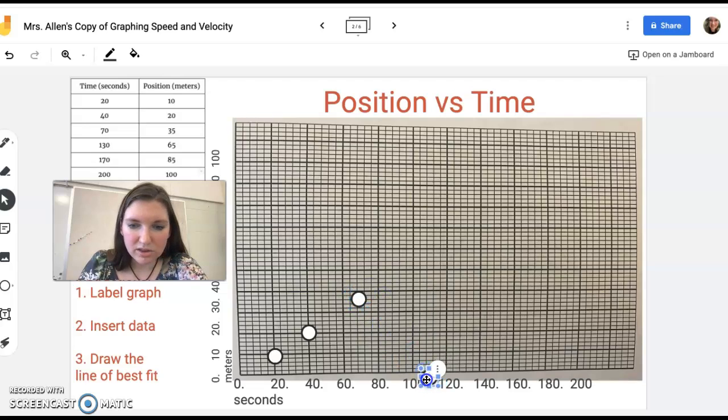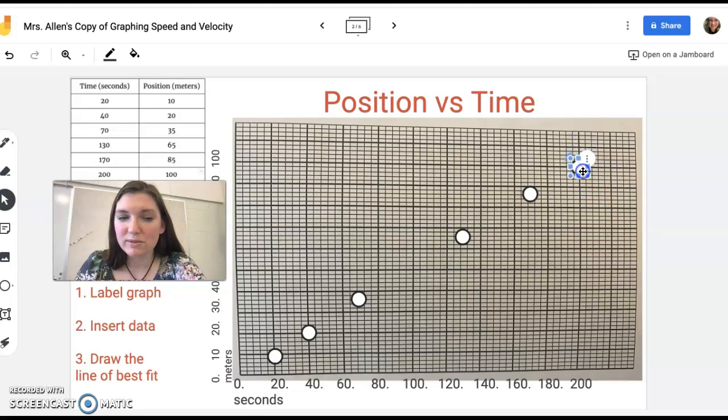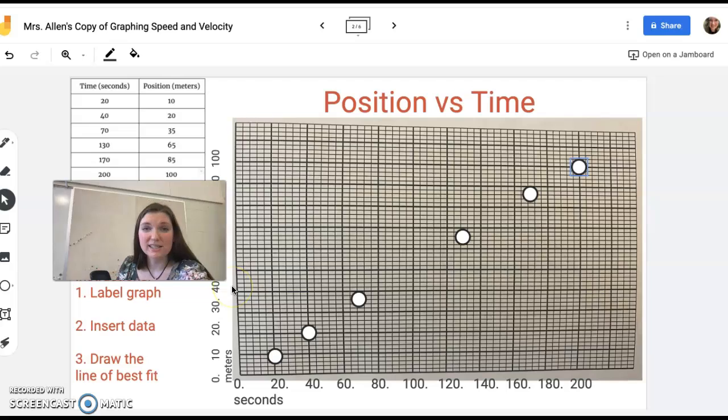So then we got 130, 65, 170, 85, and 200 seconds, 100 meters.